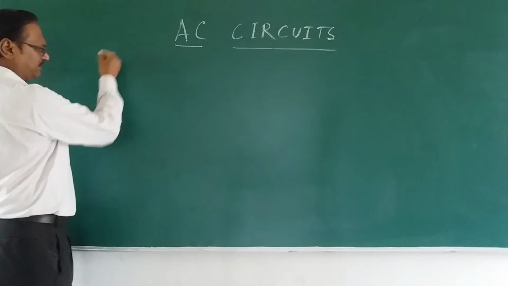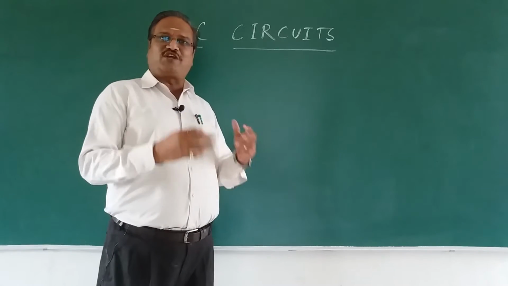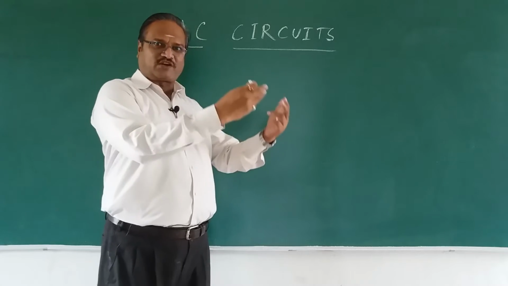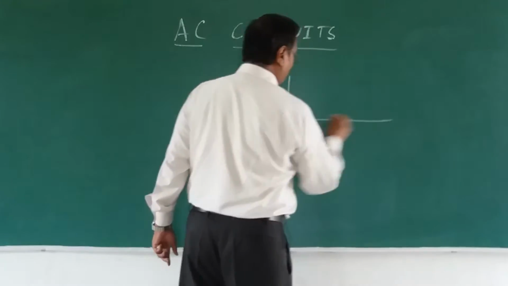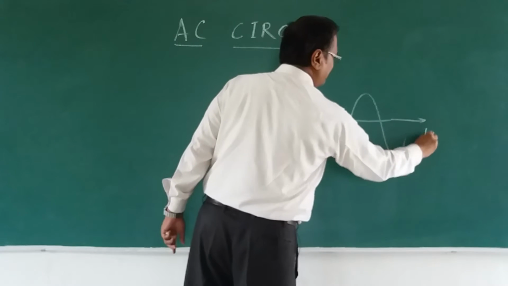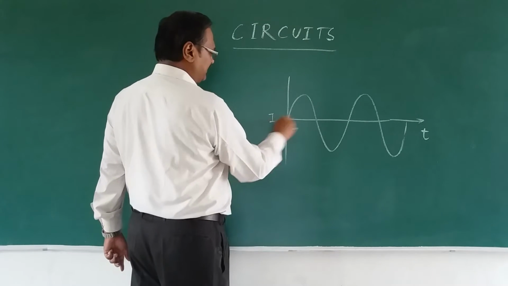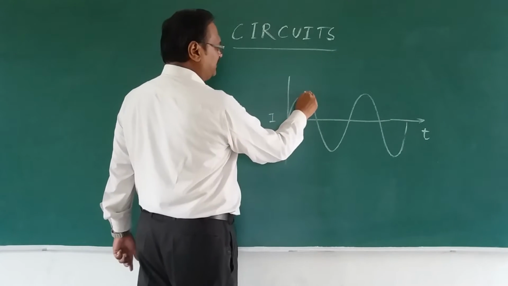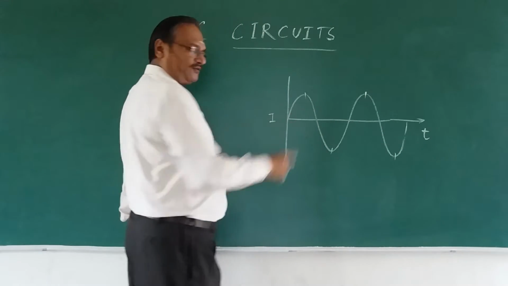We studied in the previous chapter, electromagnetic induction, how an AC generator generates alternating current. An alternating current is a current which varies with the time. If this axis represents the time and this axis represents the current, the current is having variation with the time, it goes up and down.